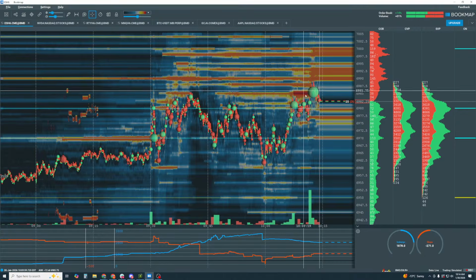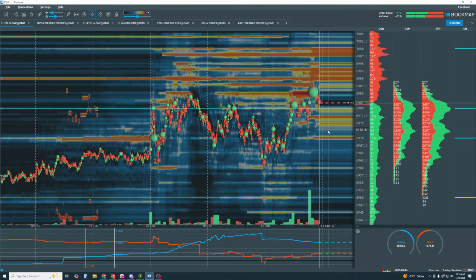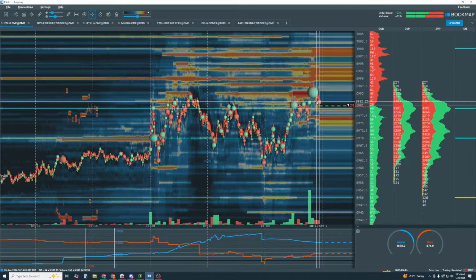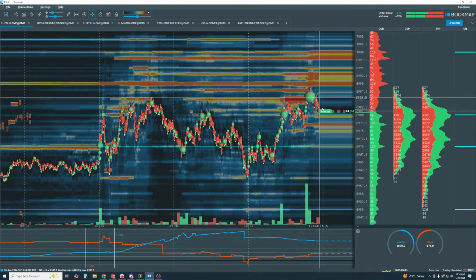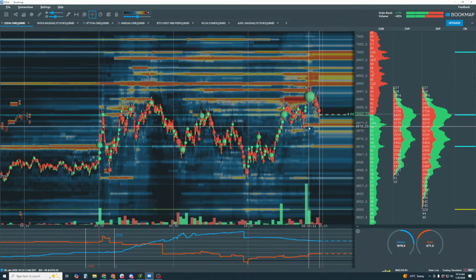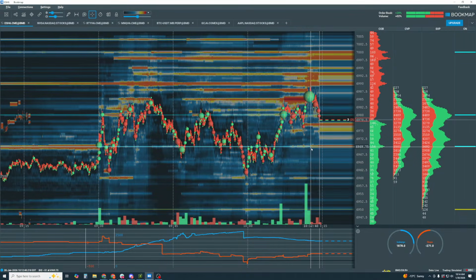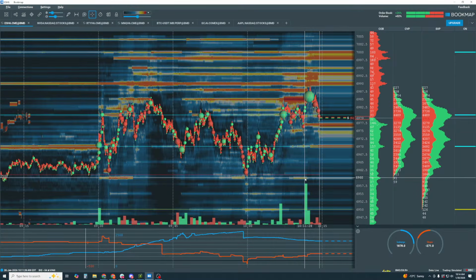I'm looking for exactly this, and then I'm looking for it to fade back into the range. So this would be a false breakout, and I'm looking for sellers now and for them to drive it down into high liquidity like 77 here or 70 down here, or maybe even 60 down here at the other side of the range.